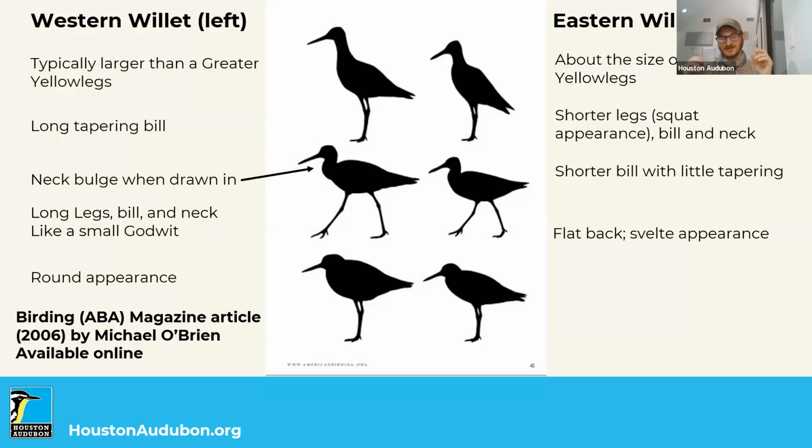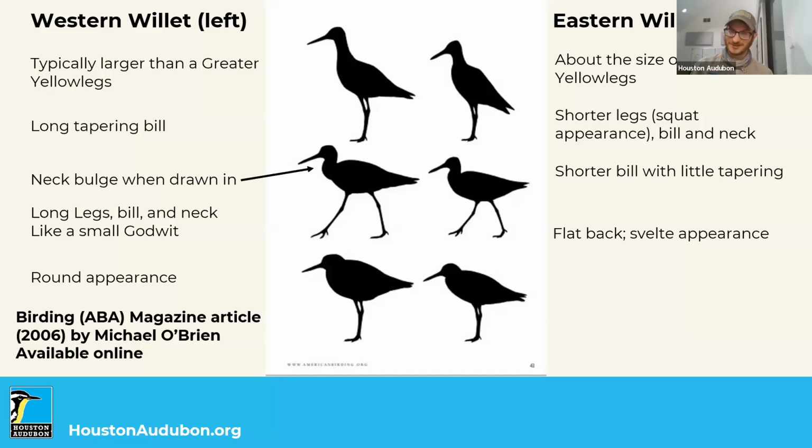It's something I never was able to articulate before. And then when I read this article, I was like, well, that makes a lot of sense. They also have this sort of round appearance. Eastern Willets, by contrast, are smaller, they're squatter, they have shorter legs. They look more like a yellowlegs, or frankly, more like a tattler, like a Wandering Tattler.